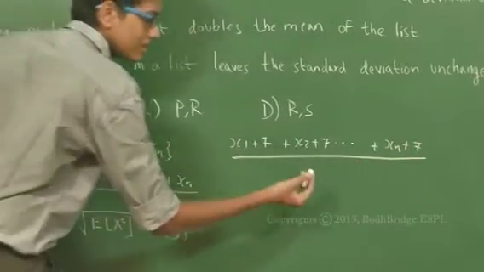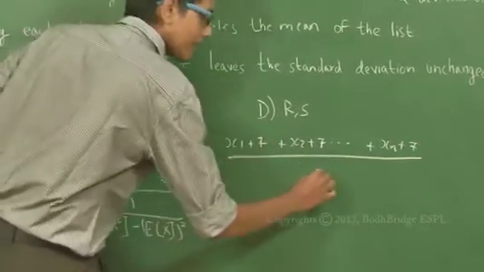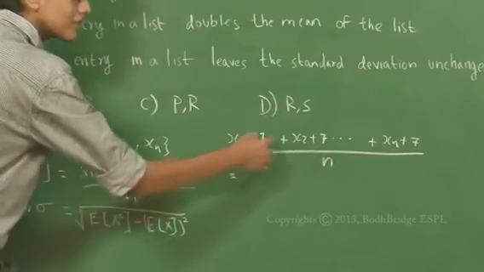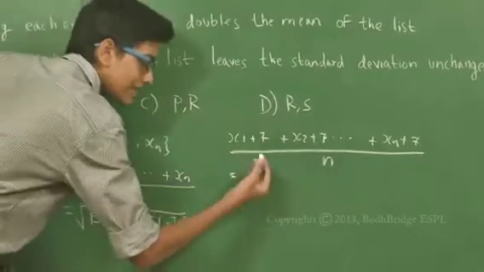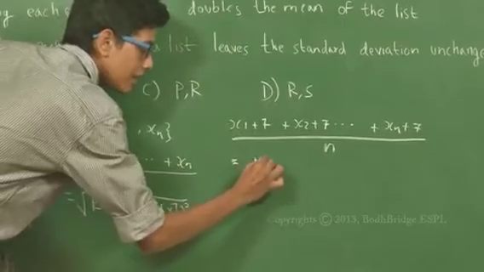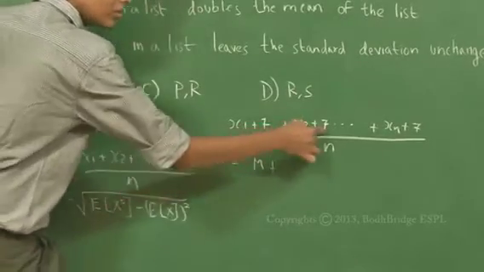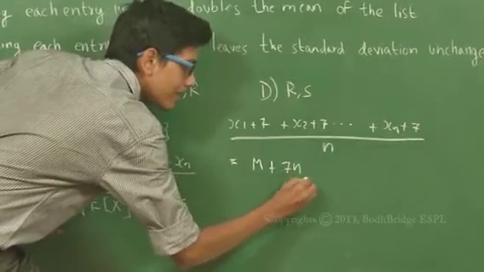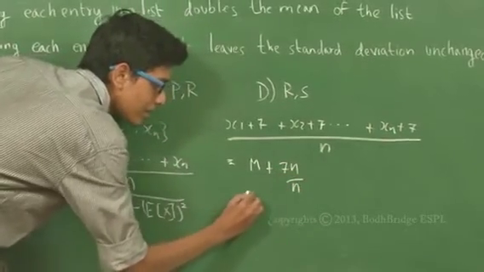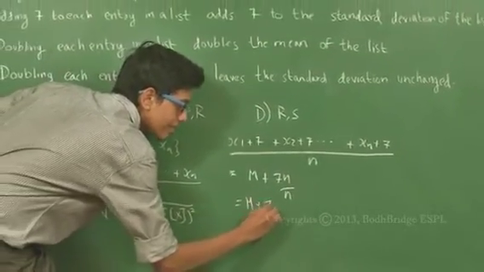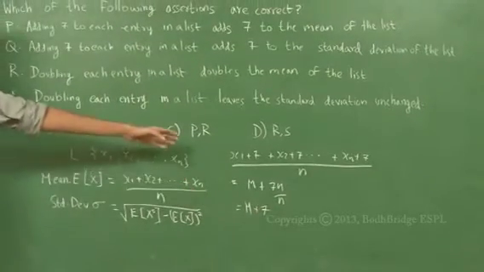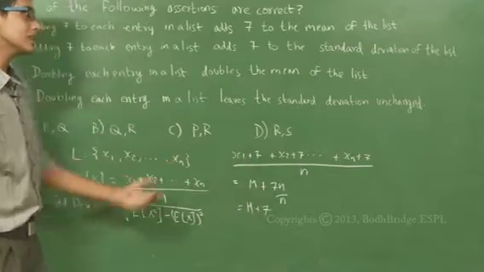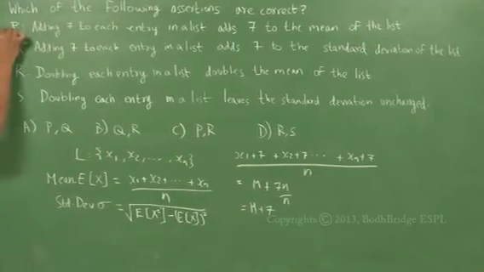It's still n elements, so the mean will be divided by n. Let's call the initial sum divided by n the initial mean m, plus n times 7. So it will be 7n by n, which is equal to m plus 7. So we see that if we add 7 to each element in the list, 7 gets added to the mean of the list. So assertion P is right.